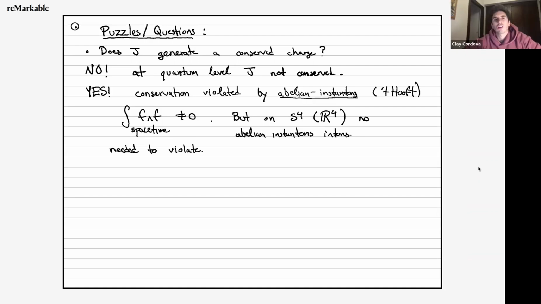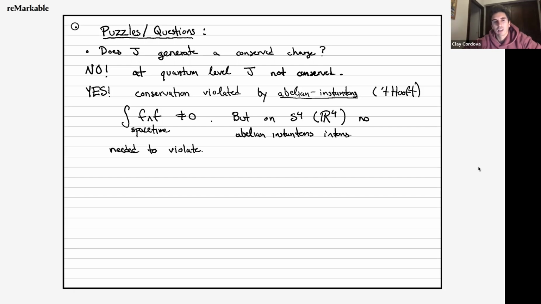On S4, the question is, if you insert local operators and compute the correlation functions, do the selection rules on those correlation functions implied by the existence of this charge actually hold?